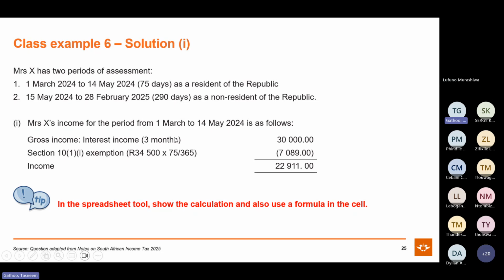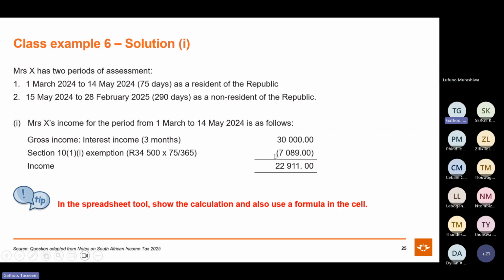Then, in terms of section 10(1)(i), she's over 65, so she is entitled to an exemption of 34,500. But because she ceased to be a resident in the current year, that 34,500 must be apportioned for the portion that she is resident in South Africa. So we'll say multiplied by 75 divided by 365, which gives us an amount.